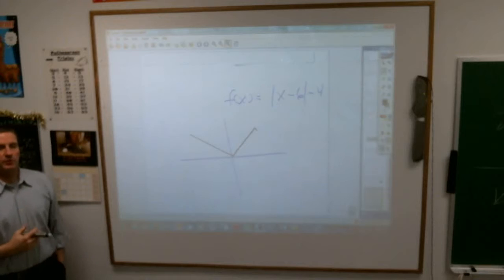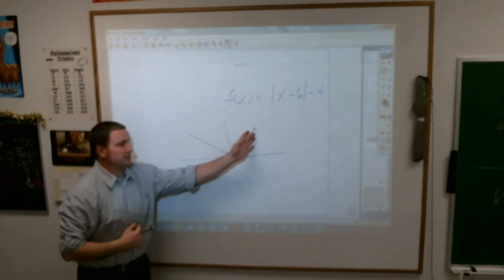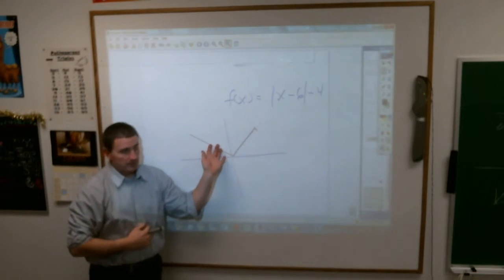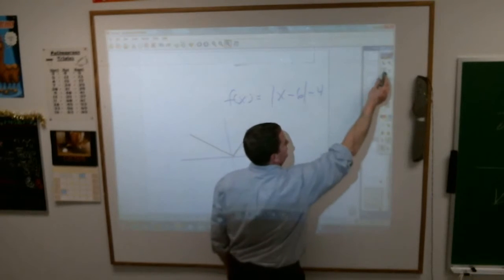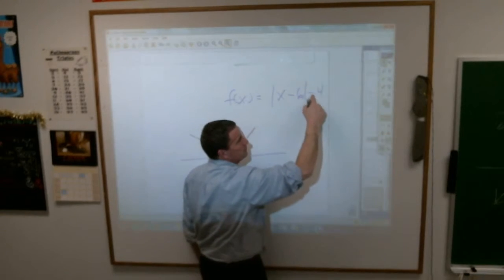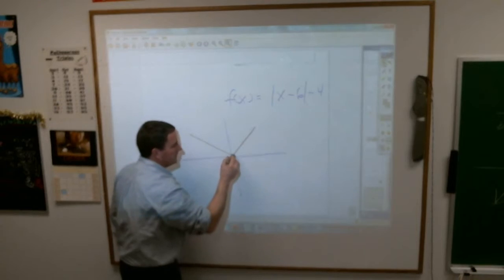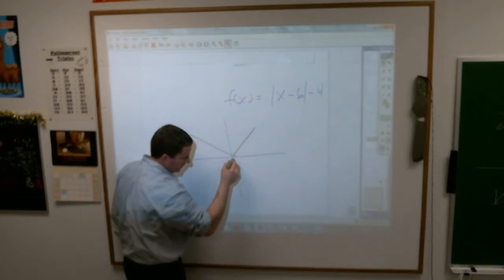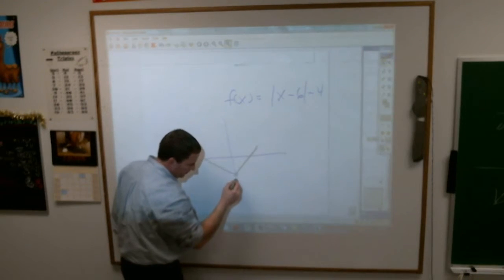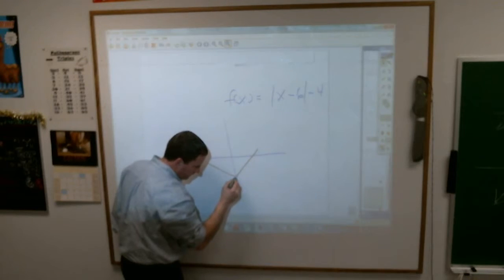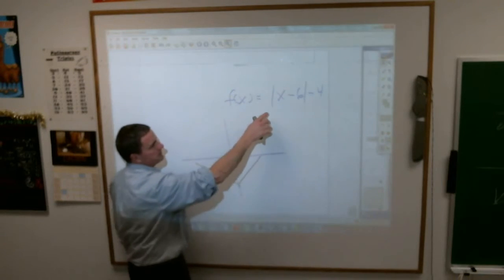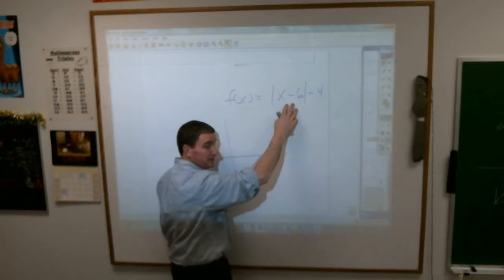If you start with the parent function, which is just the absolute value of x, this number here tells you you go down 4 places. And over. 1, 2, 3, 4. This number here is where the confusing thing is.